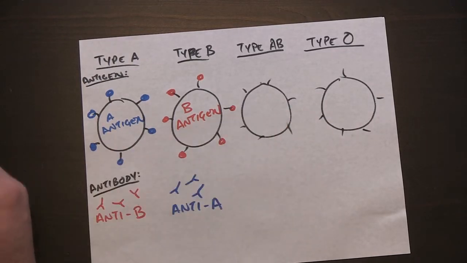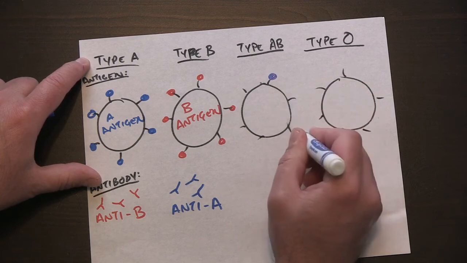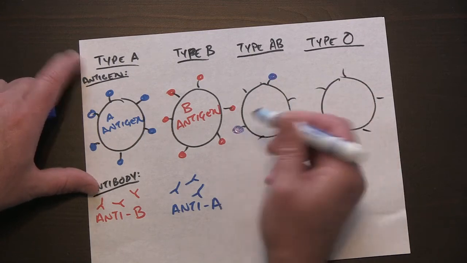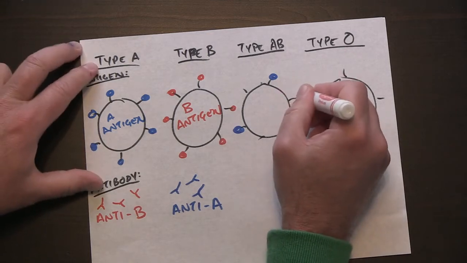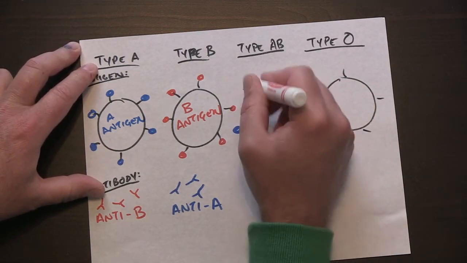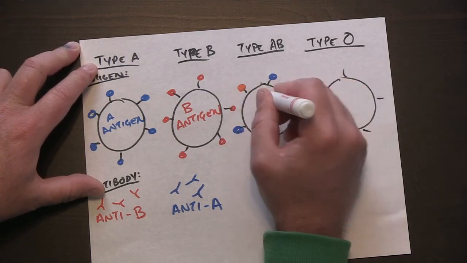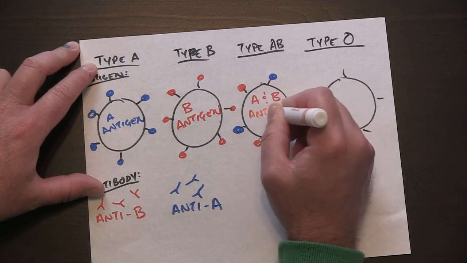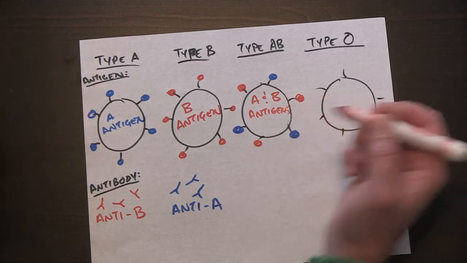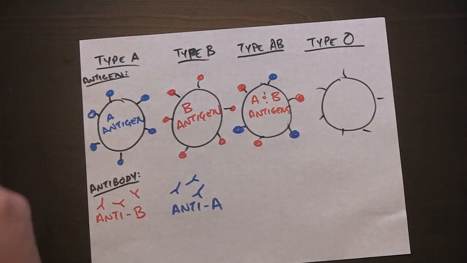AB blood has both the A antigen and the B antigen on the outside. So A and B antigens. The type of antibody?